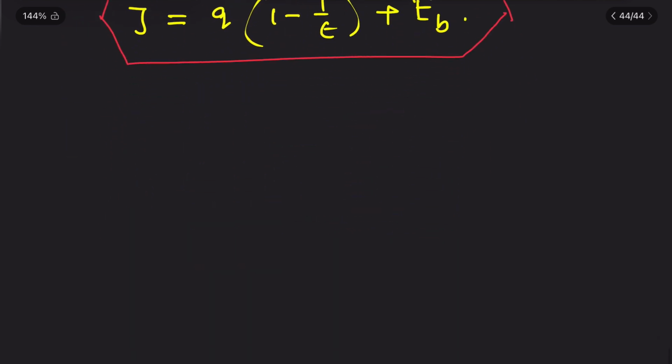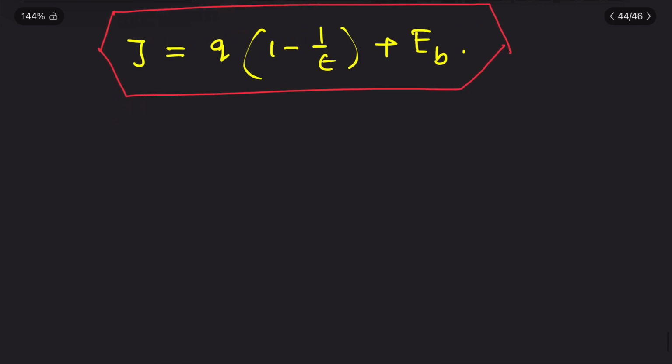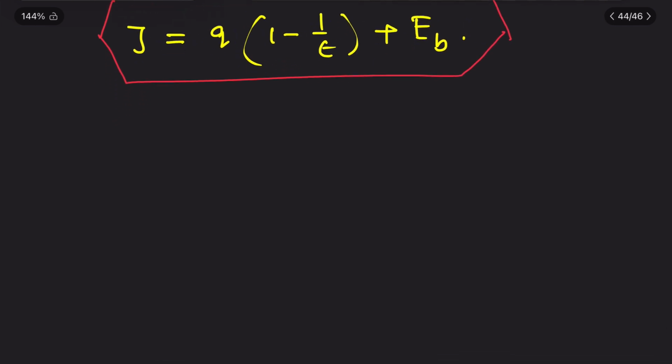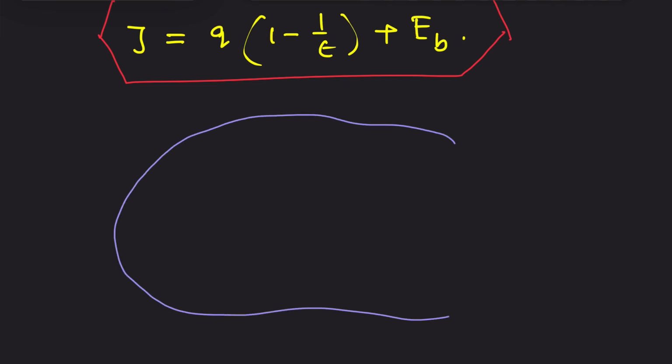Now let us consider an enclosure, a continuous enclosure. By now you already know what I mean by a continuous enclosure and a discrete enclosure, right?